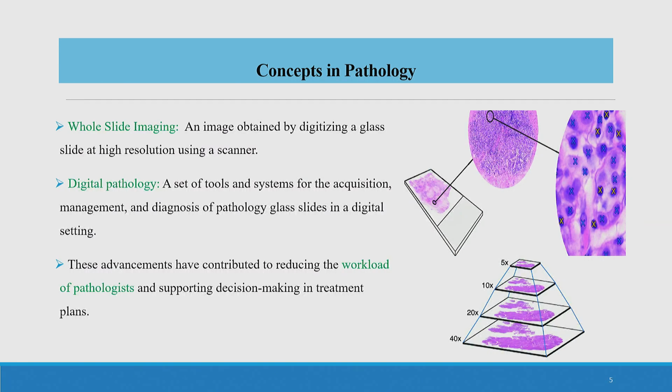And when we digitize the whole slide, there are different magnification levels of the slides. Here you can see 40x, 20x, 10x, and 5x. These are the different magnification levels of the whole slide image. A whole slide image is not a common image, like what we deal with, for example, an image consisting of maybe 256 by 256 size or 416 by 416 size.